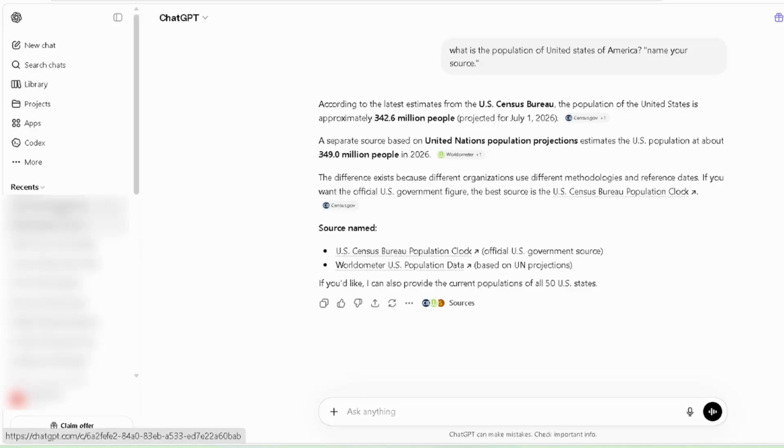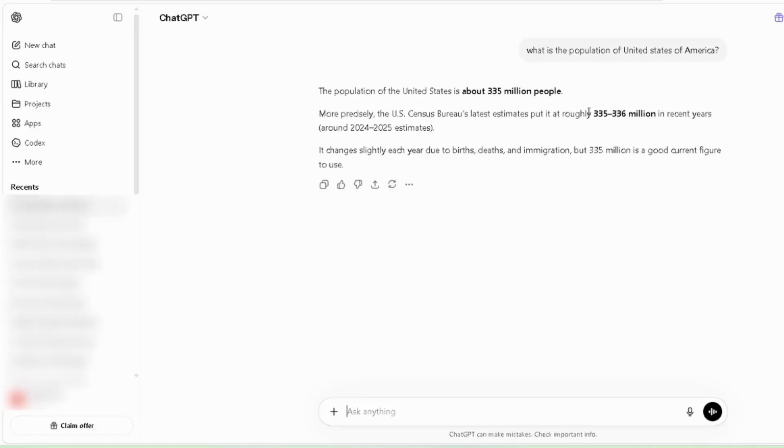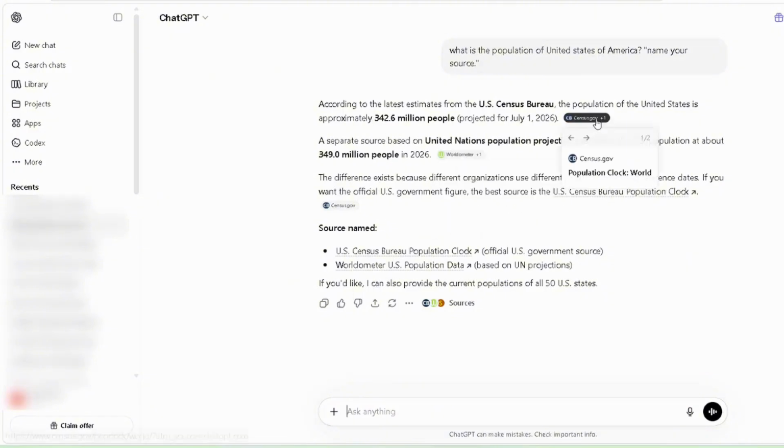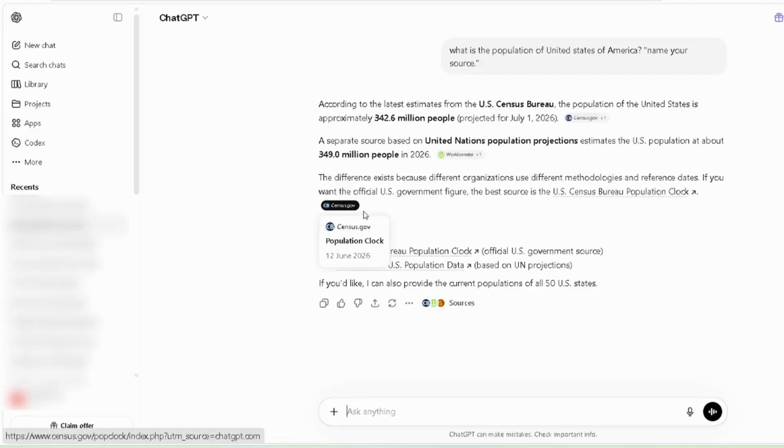So you can see the difference here. When you give this kind of prompt, you get this kind of answer, and when you give the other kind of prompt, you get this kind of reply. You will definitely choose this response because everything is mentioned, including where ChatGPT got this information.